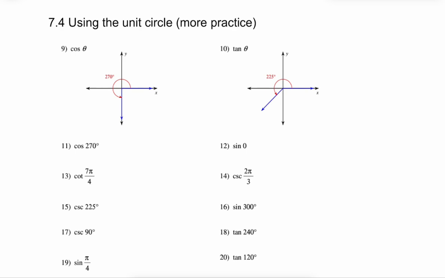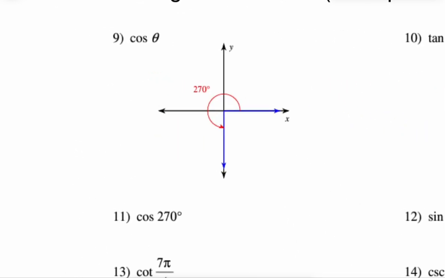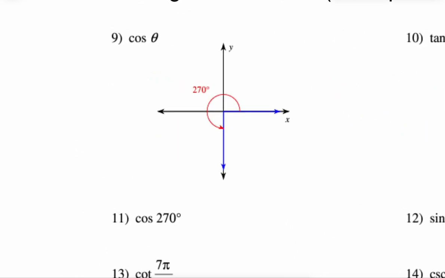So we're going to use the unit circle to find the values that we see here. So for 9, although it's a little strange, they are saying find the cosine of 270 when our theta is 270. So that's kind of what they're doing for that one.